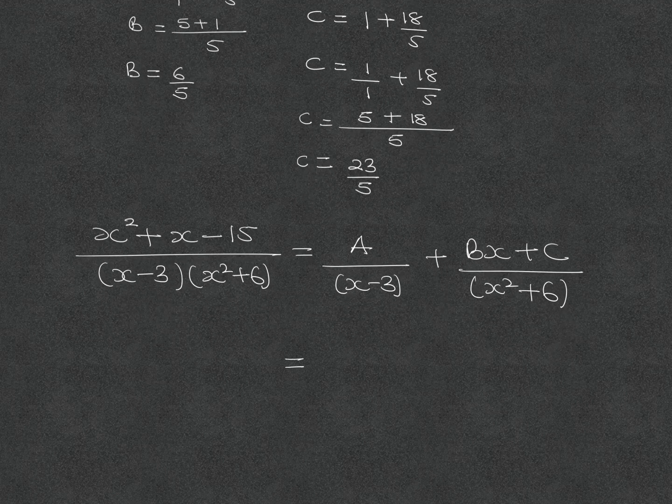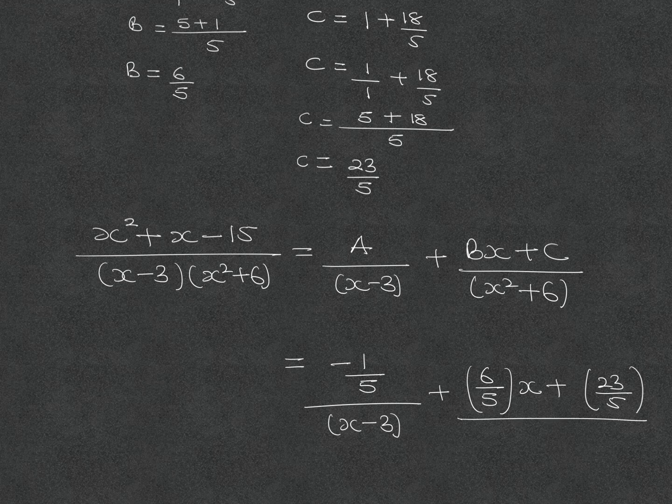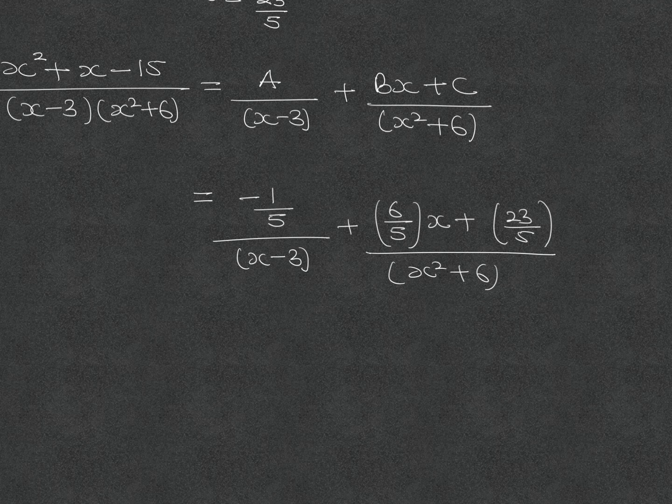So that will be a is minus 1 over 5 all over x minus 3 plus b is 6 over 5 x plus c is 23 over 5 all over x squared plus 6.